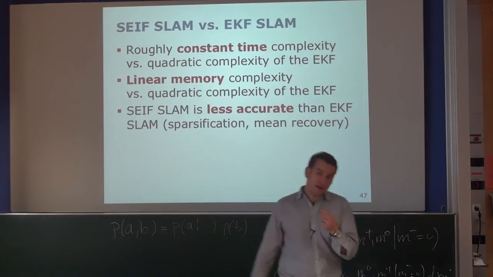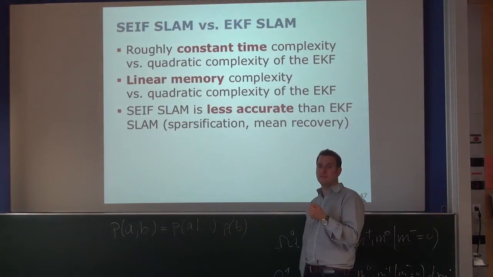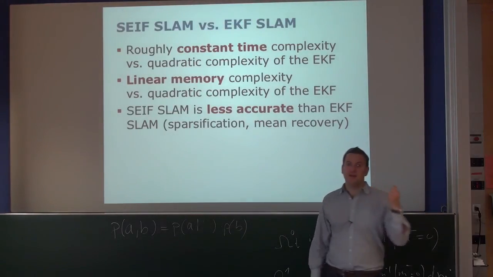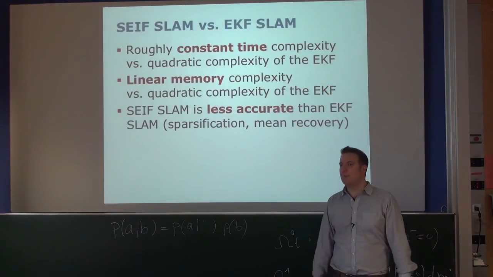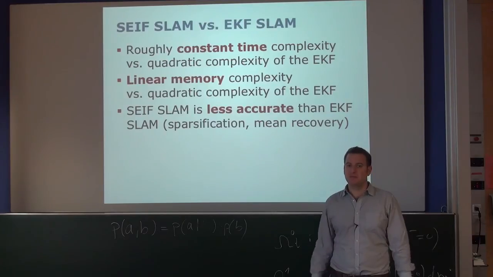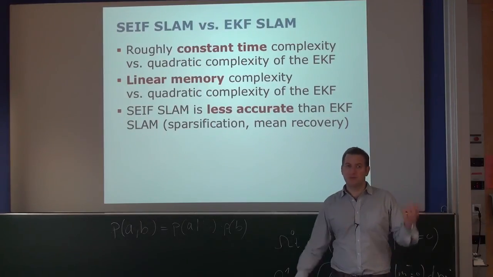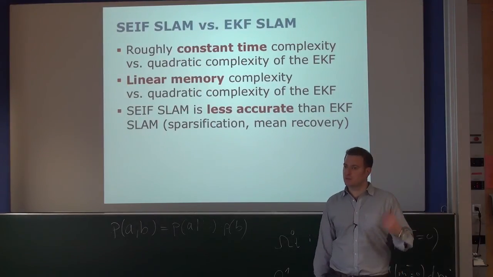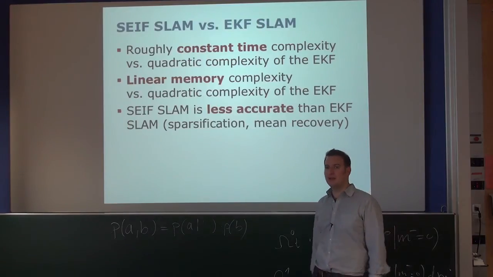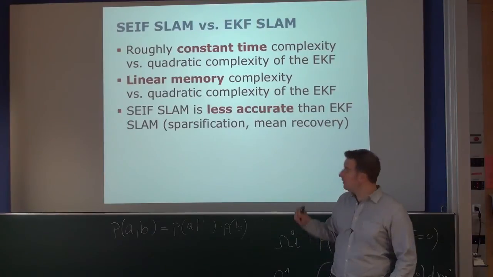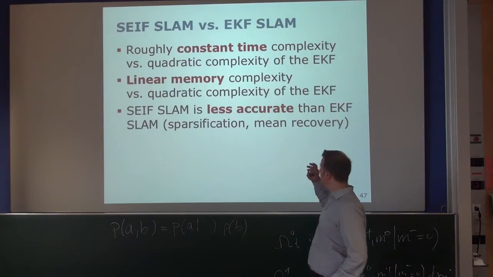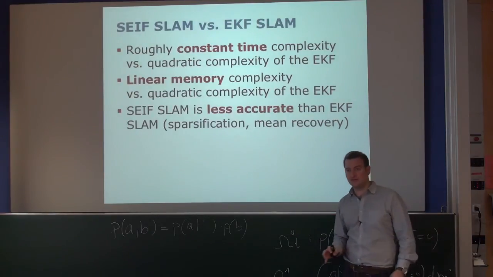So it's a really, really major win, because no matter how big the environment is, it works at roughly the same speed. With the other one, the computational resources grow quadratically, which can become intractable quite quickly.